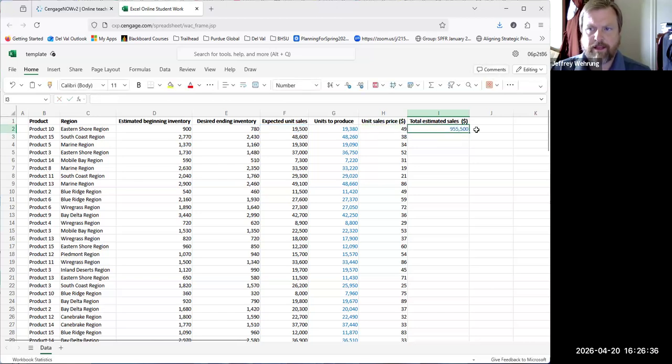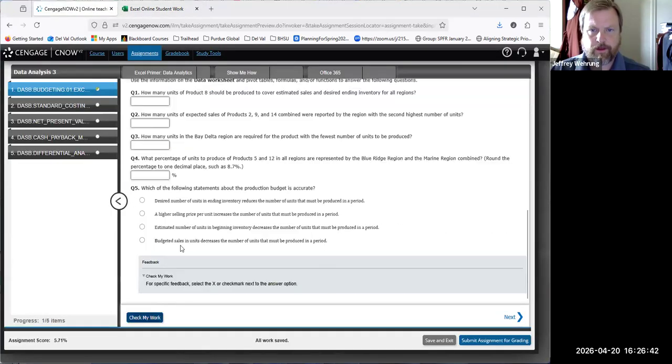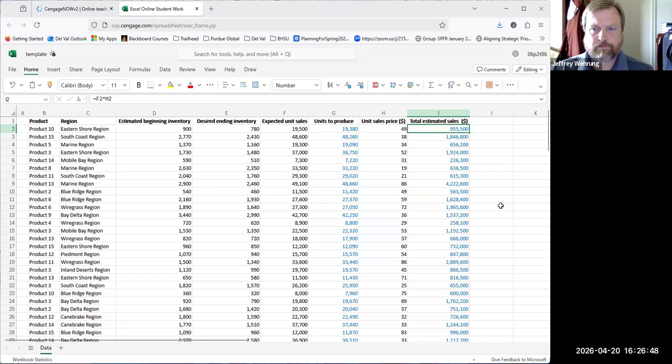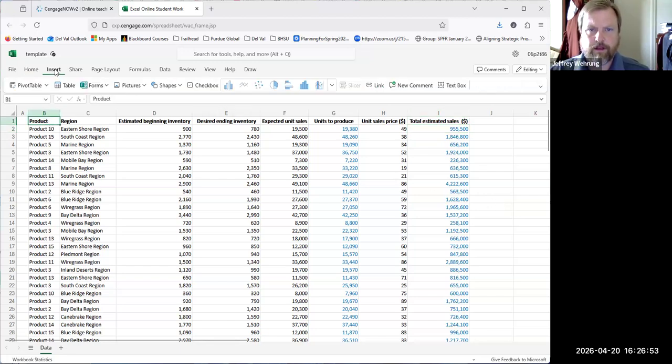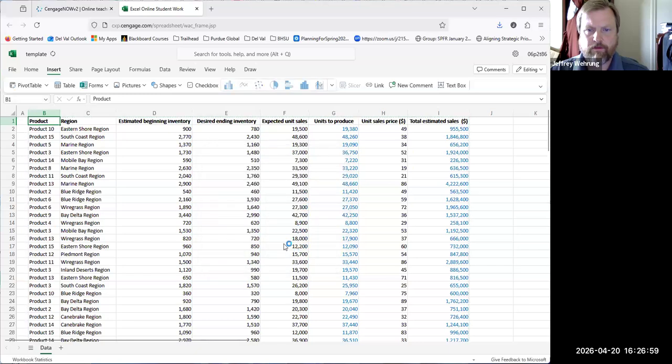Okay, and that should give us our total estimated sales. Great. Cool. So now we can create our pivot table. We click on the top left corner, click on Insert Pivot Table, that checks out, and we'll do it in a new worksheet.